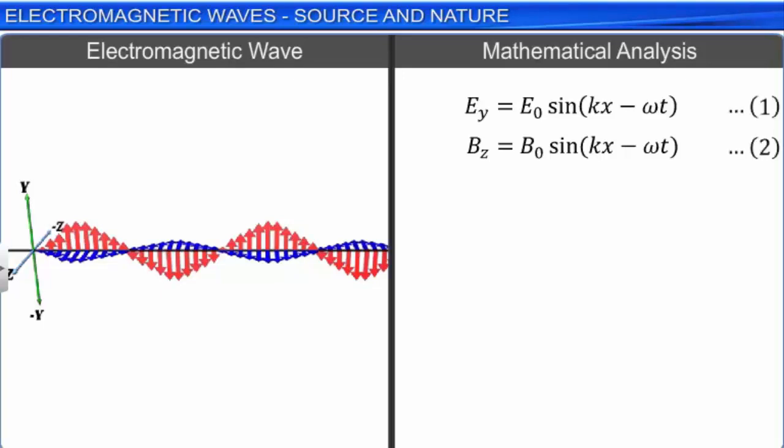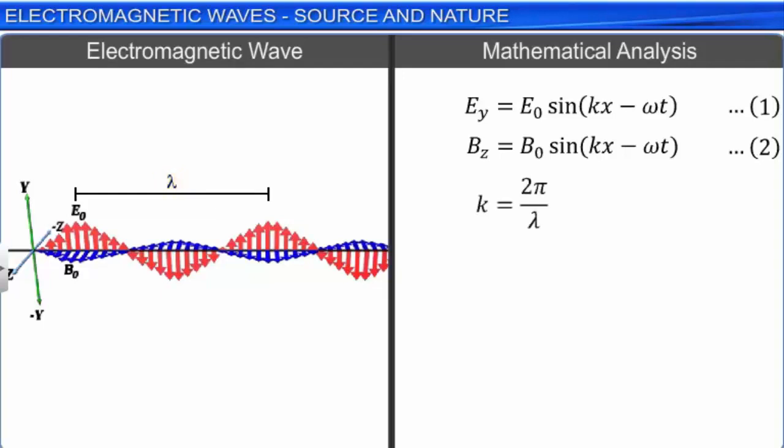Here, E0 is the maximum value or amplitude of the electric field. B0 is the maximum value or amplitude of the magnetic field. And k is the wave number related to the wavelength of the wave, lambda. That is, k = 2π/λ. Let this be equation 3.